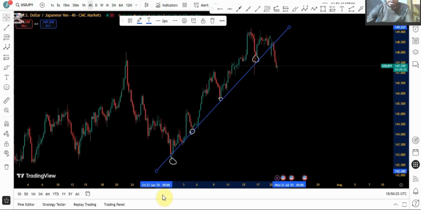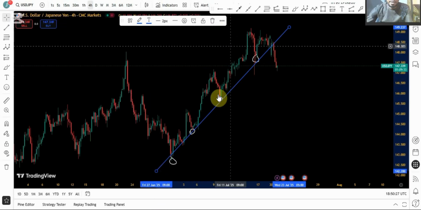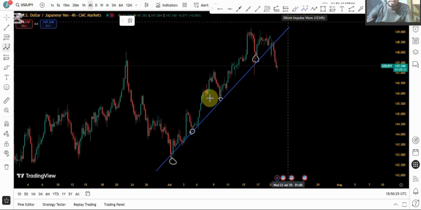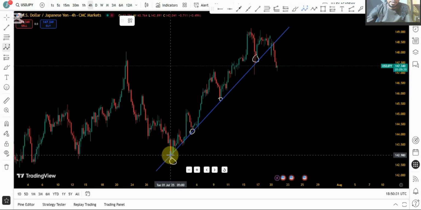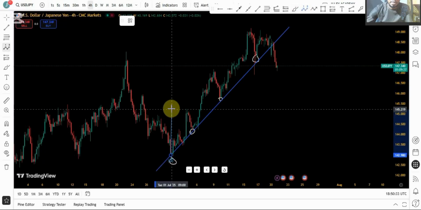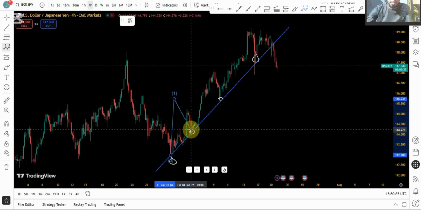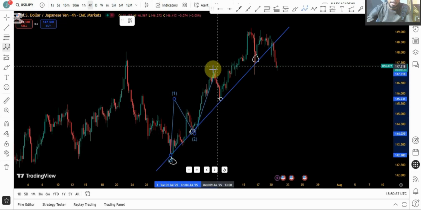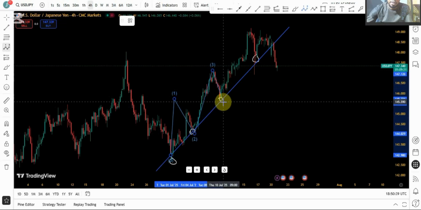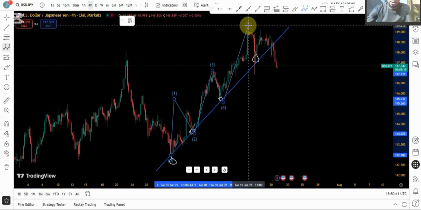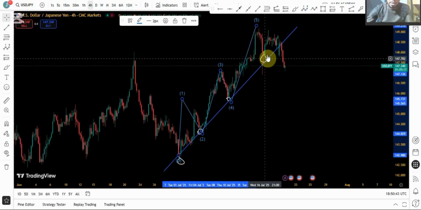Now when I connect that level, I find out that each time the market gets to this point, it bounces back. It got to this point, it bounces to a buy. It got to this point, it bounces to another buy. It got to this point, it bounces to another buy.